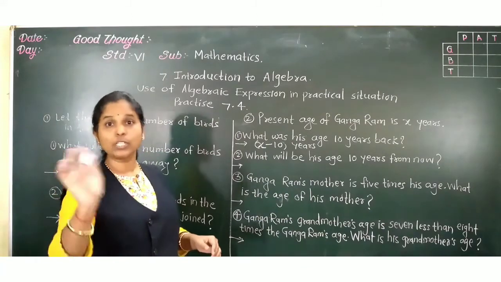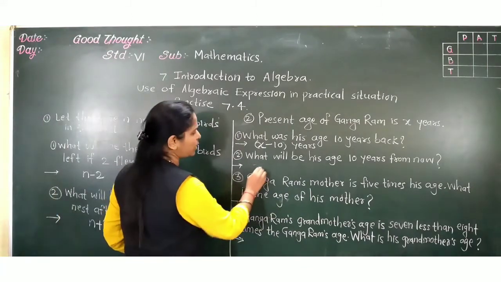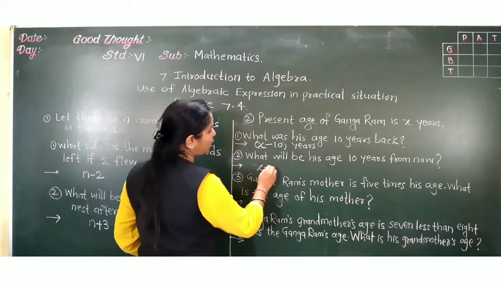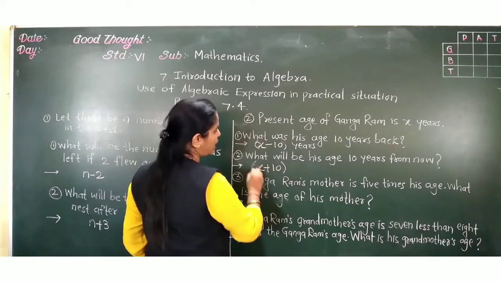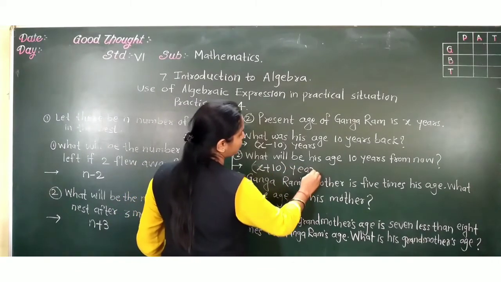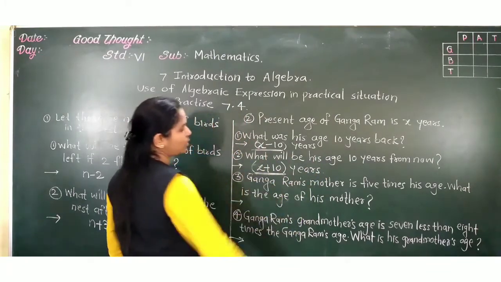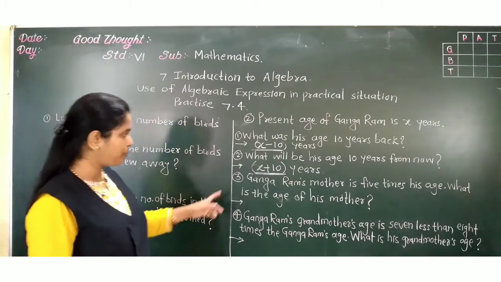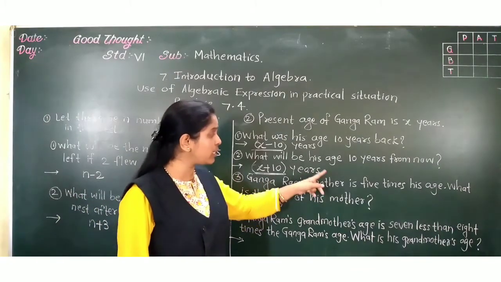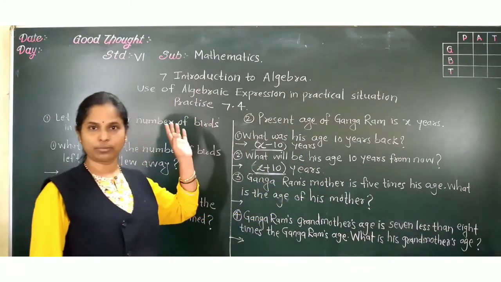Next, what will be his age 10 years from now? Means after 10 years what will be his age? So his present age is x. After 10 means add 10. That many years. Okay. So here x minus 10, here x plus 10. Now next. Gangaram's mother is 5 times his age.